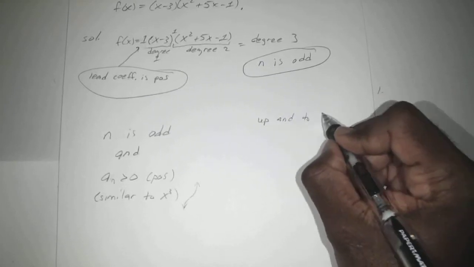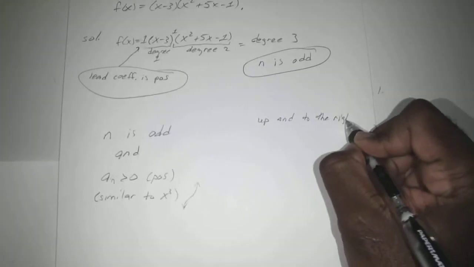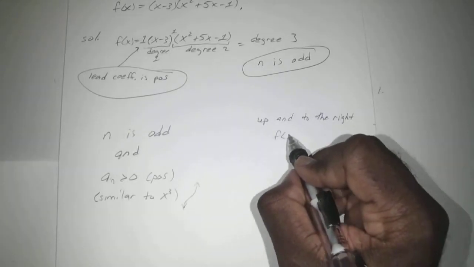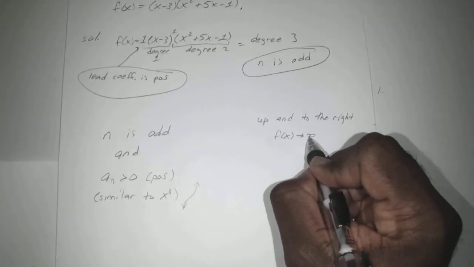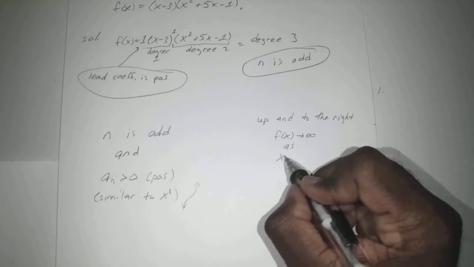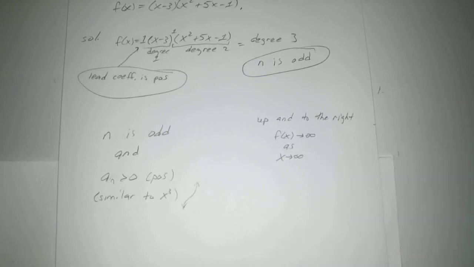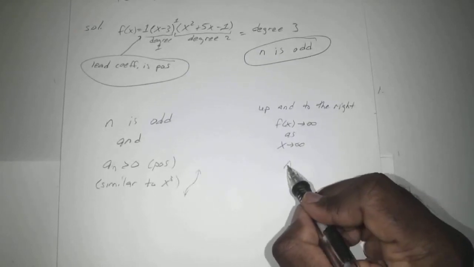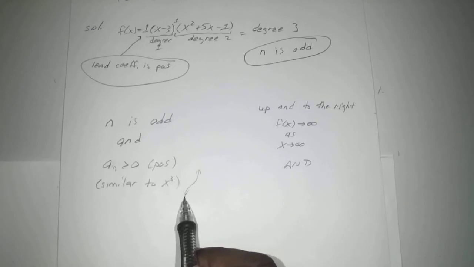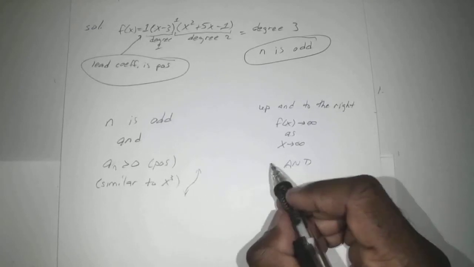Up and to the right, which means that f of x approaches infinity as x approaches infinity. And we also know this endpoint goes down and to the left.